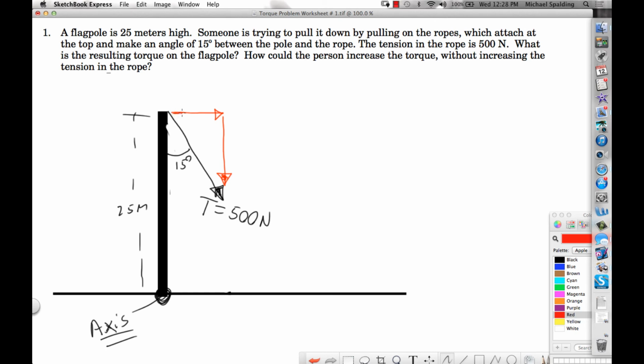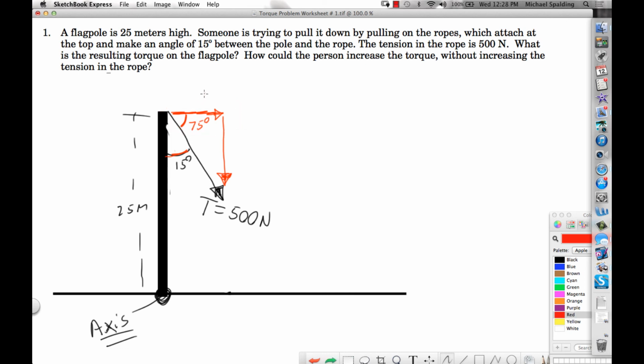The tension is pulling to the right, but it's also pulling down simultaneously. So if this is 15 degrees here, then this has to be 75 degrees. Now notice that this red arrow right here is perpendicular to the 25. You guys see that? This vector that I just circled right here is perpendicular to the flagpole.